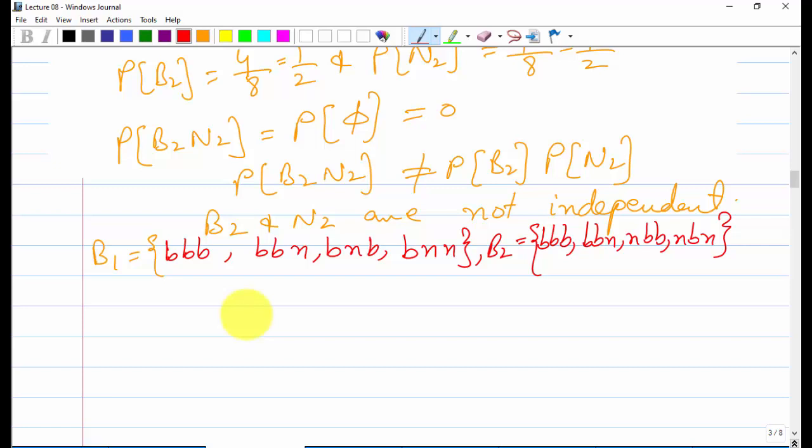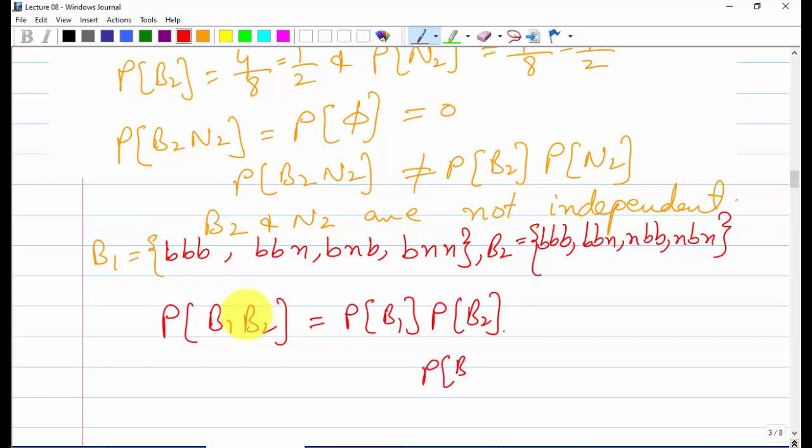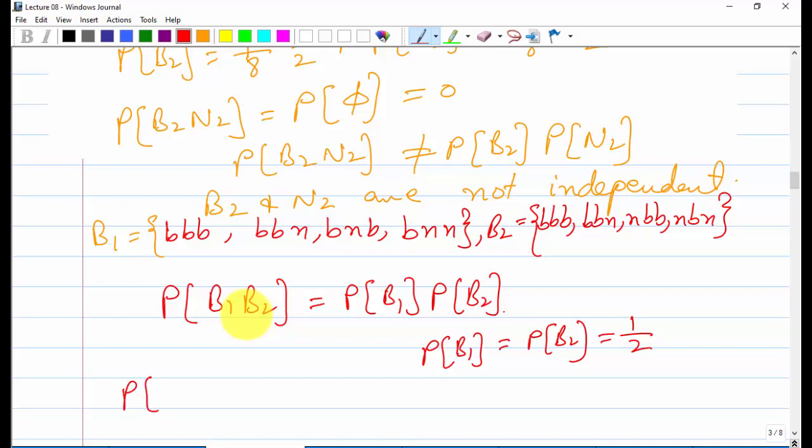But again we have to figure out using the relation of independence, probability of B1 times probability of B2. So we know that probability of B1 is equal to probability of B2, which is equal to 1 by 2. Probability of B1 intersection B2 we have to find out.